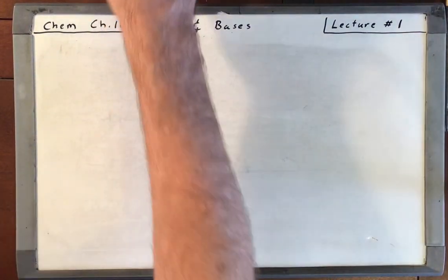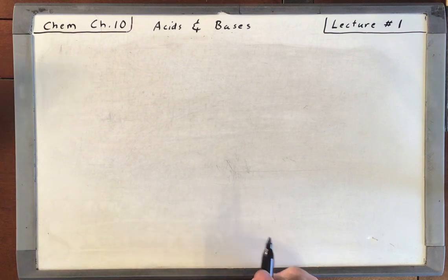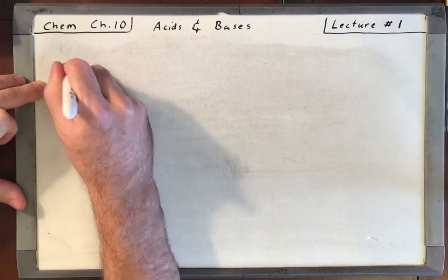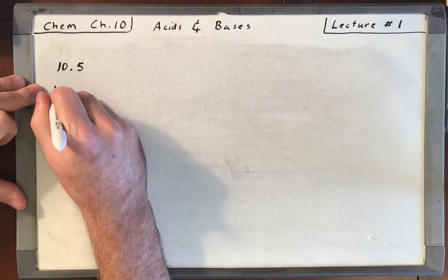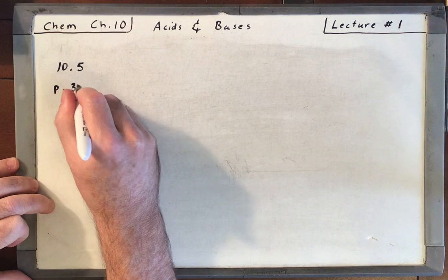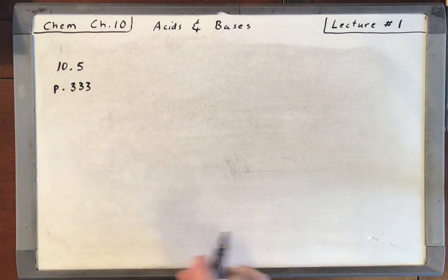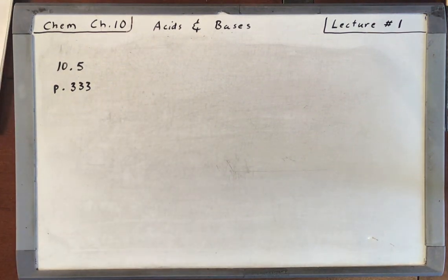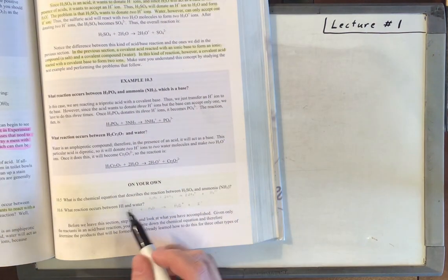All right, the last little bit of this lecture, 10.5, and this is on page 333. We're going to do book examples of reaction 2 and reaction 3. So 10.5, and we're at the bottom of 333 here.